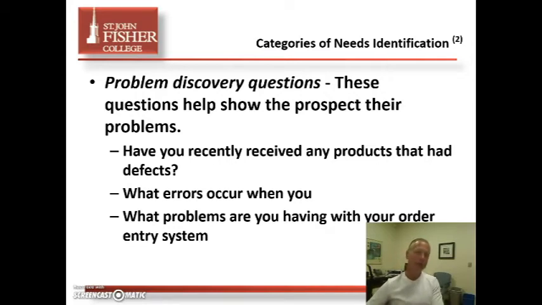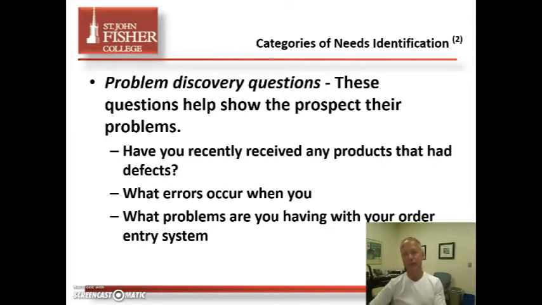Oftentimes people don't use the phrase, what types of problems are you having, but generally speaking, customers are having problems. And when you ask that question, oftentimes they are forthcoming.